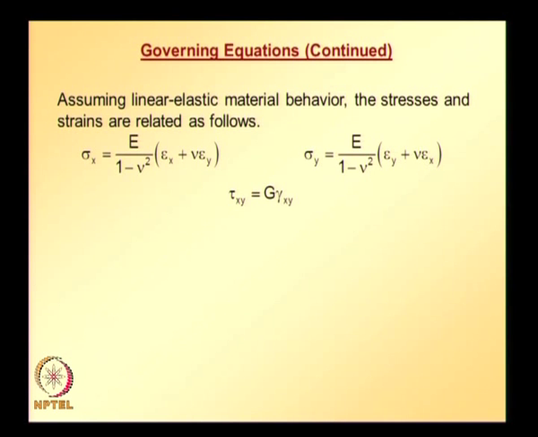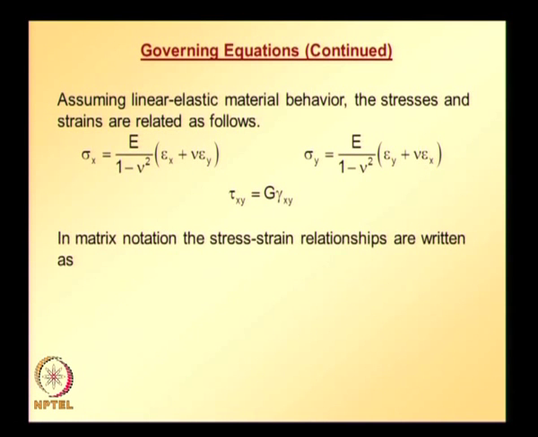And here we require two material constants, which are denoted with capital E, Young's modulus, and nu, Poisson's ratio, and also shear modulus. Shear modulus is given by Young's modulus divided by 2 times 1 plus Poisson's ratio, 1 plus nu.